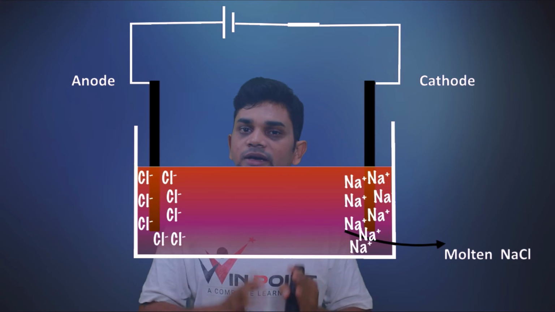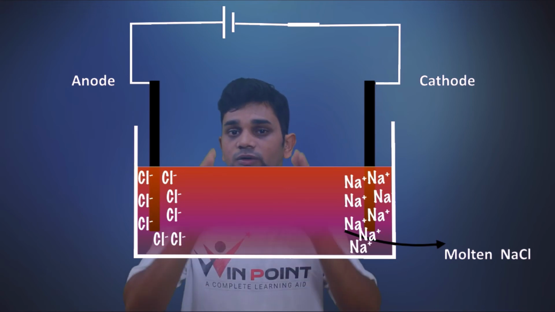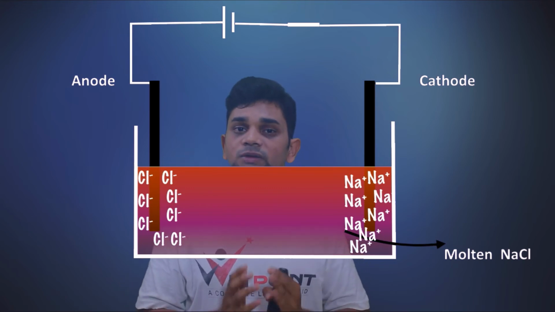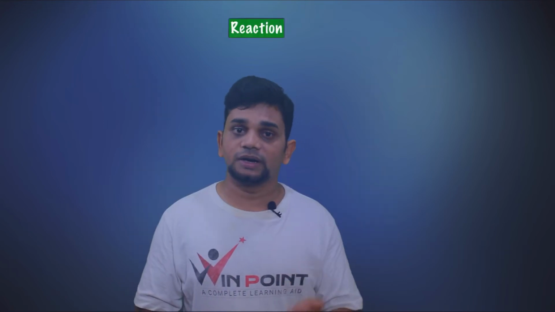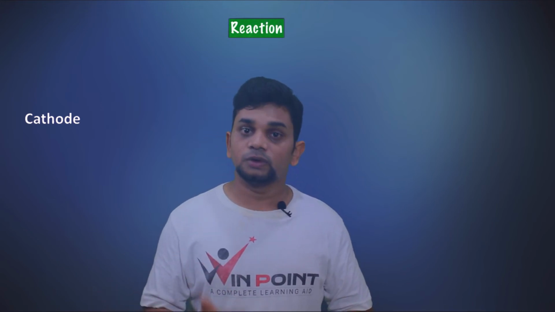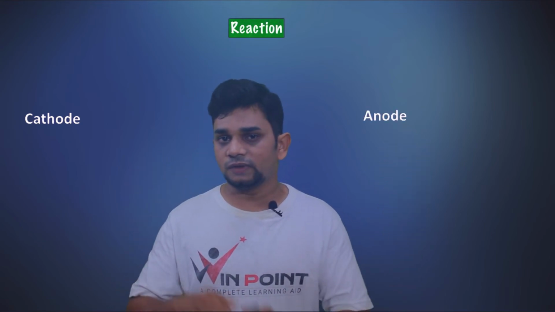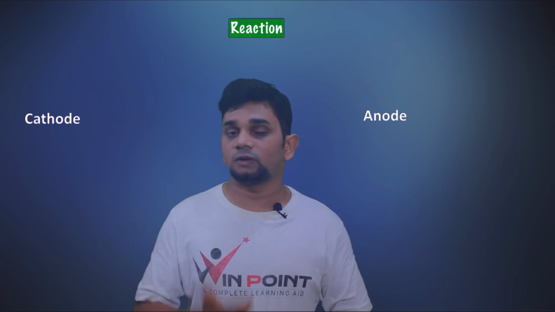So at the anode and cathode there are some reactions. We need to write the reaction. In the exam you need to write the reaction as well as draw this diagram. Which ion was shifting to the cathode? The ion was Na plus, right? If Na plus is reaching the cathode, it is going to accept one electron from the cathode.